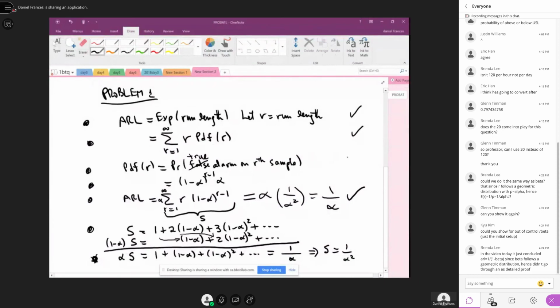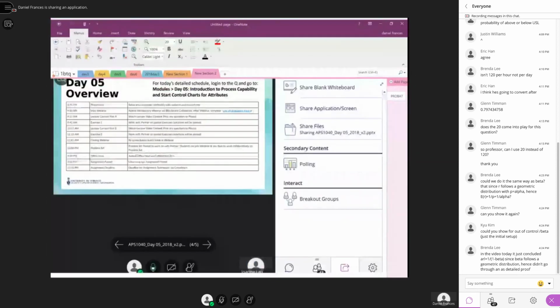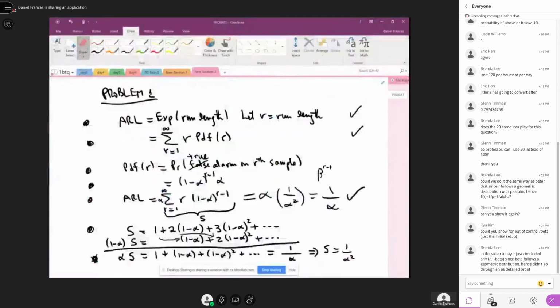And this one will be beta to the R minus 1. Think about that a moment. What will it be? So I have a true alarm on the R sample. That means that I didn't have an alarm.